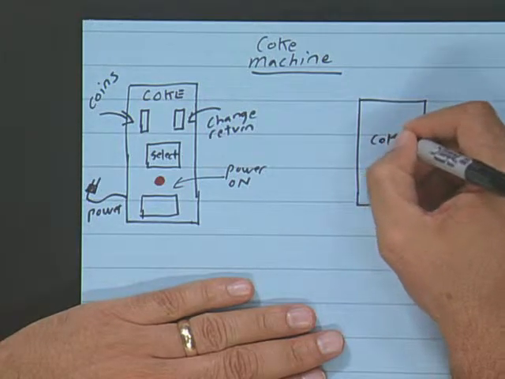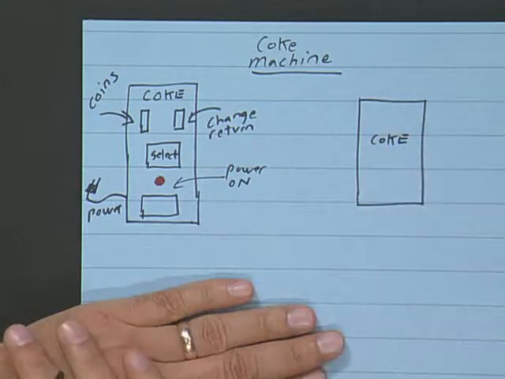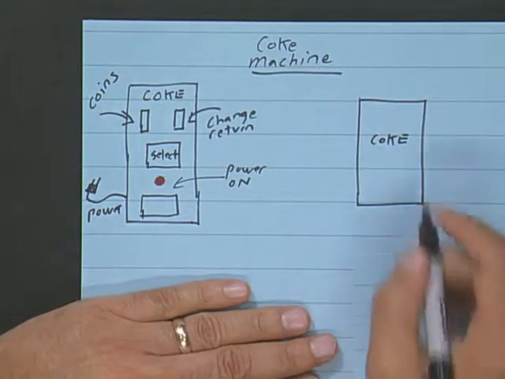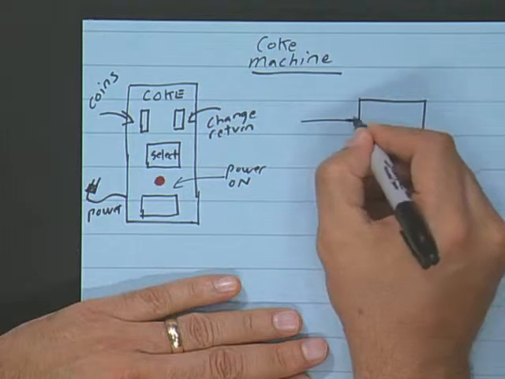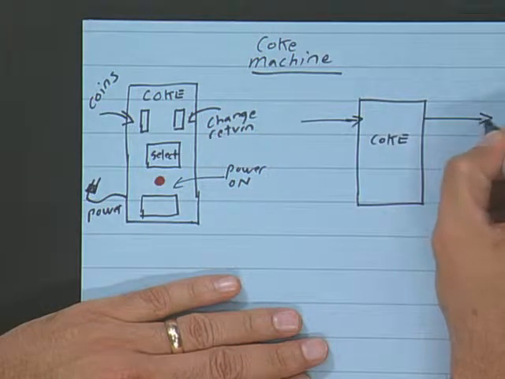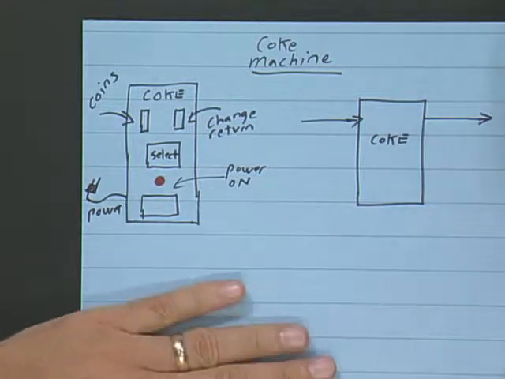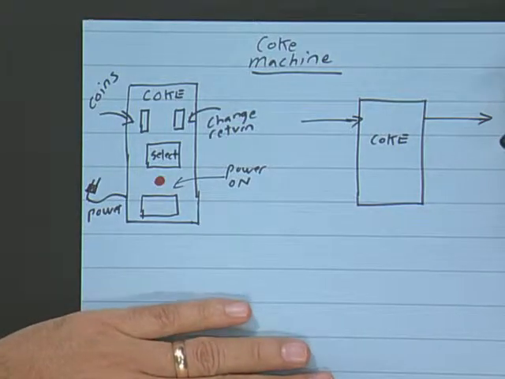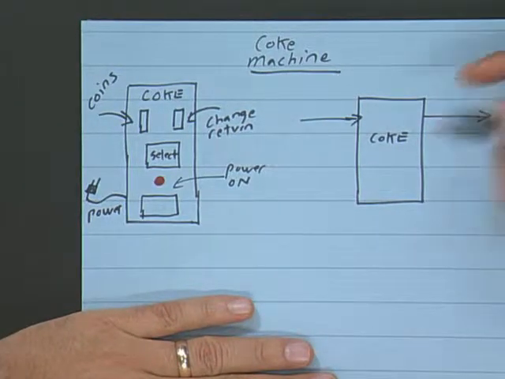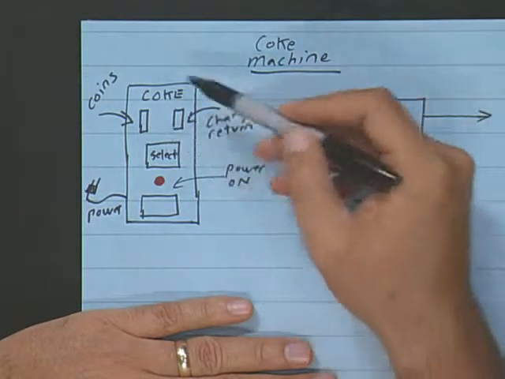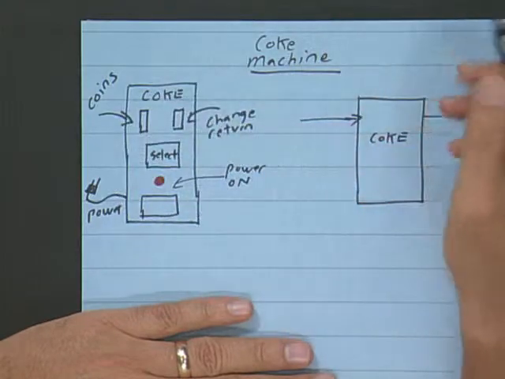Again, here's my Coke machine. I'm just going to leave it as a black box. And now I'm going to look for the inputs going into this, the outputs coming out of this, and identify what those are. So what would be some of the inputs or events that would drive behavior of this state machine? Many times, you can tell by looking at the interface here what they might be.